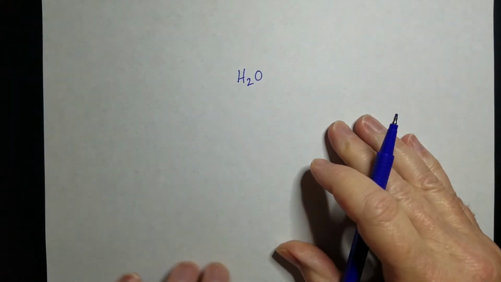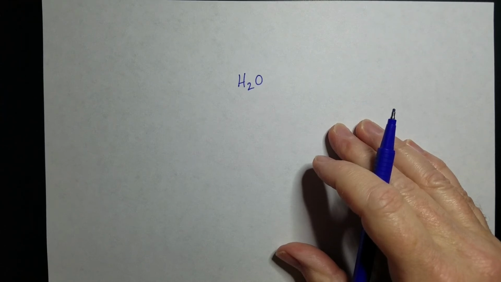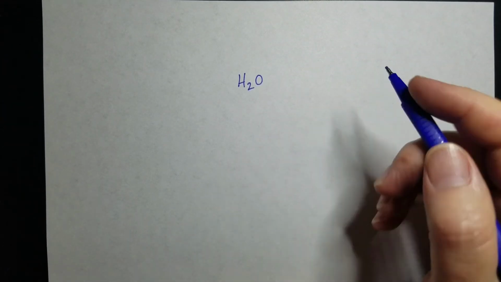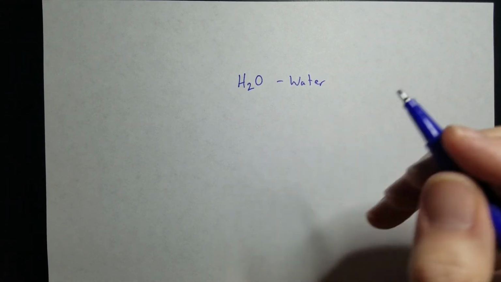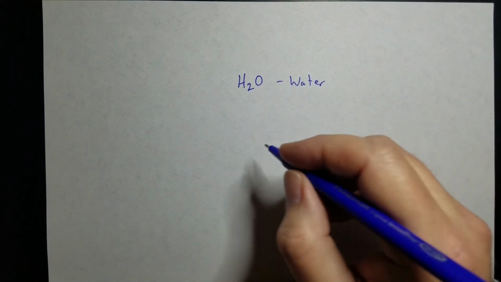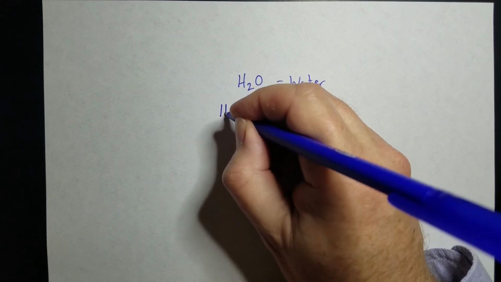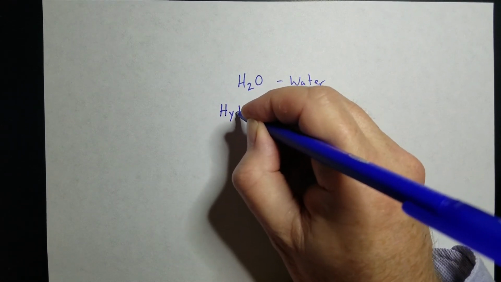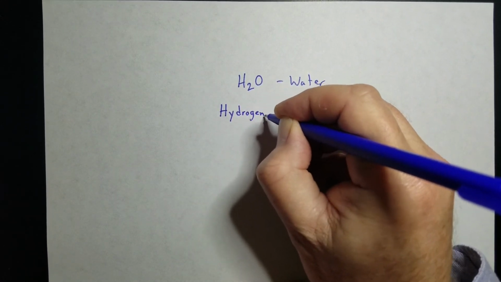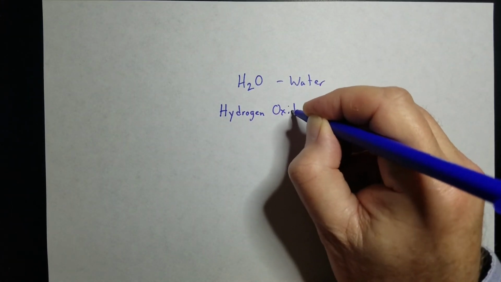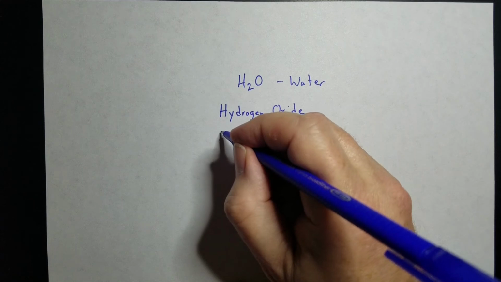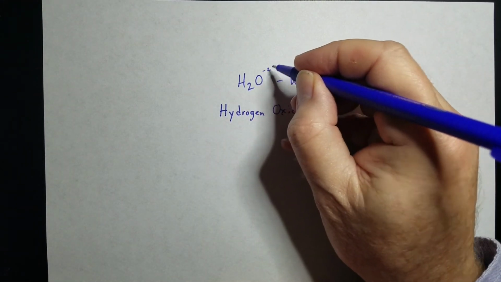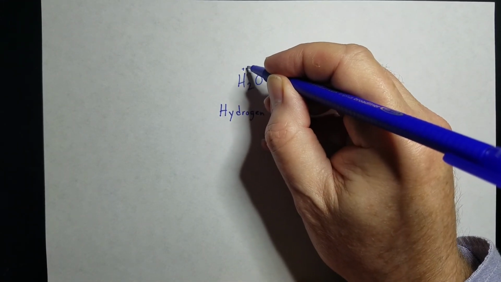H2O. And let's name it. Well, obviously it's water. That's the common one. But for a type 1 compound, the naming system would just be hydrogen oxide. If we're naming this in the type 2 style, that's a -2, so these are going to be +1s.